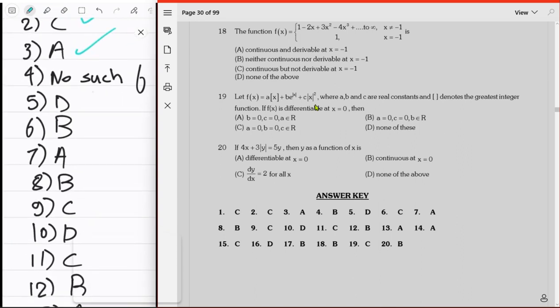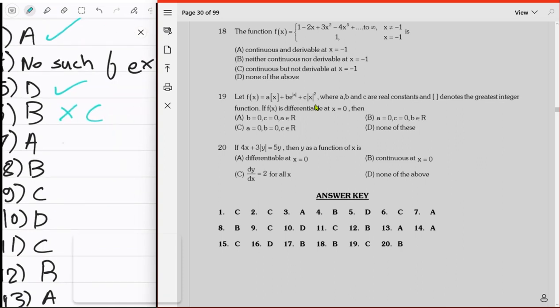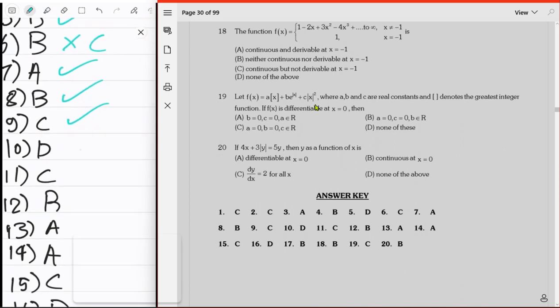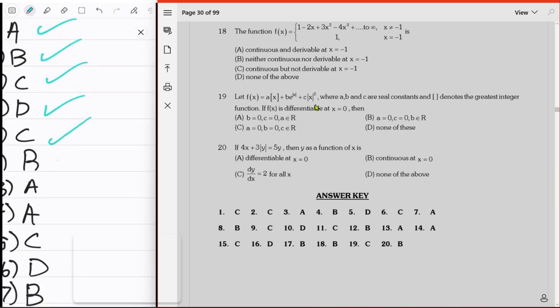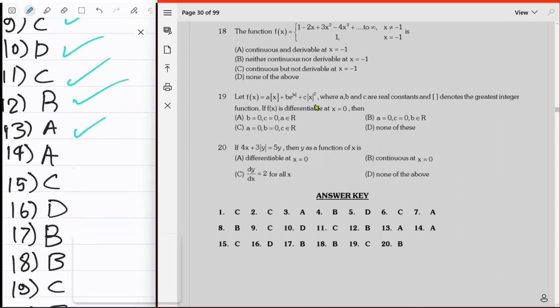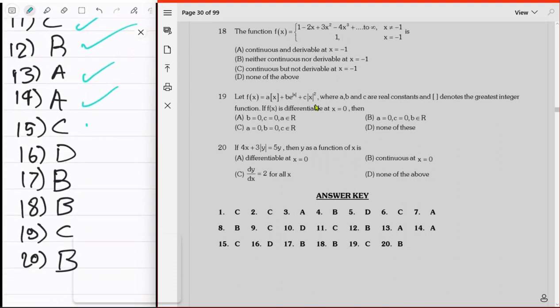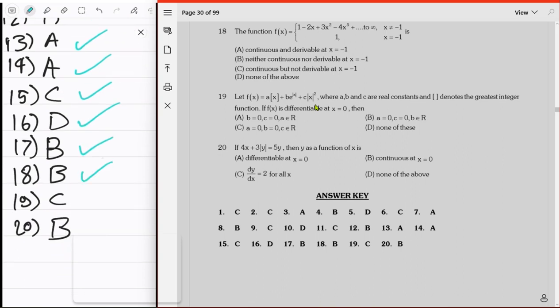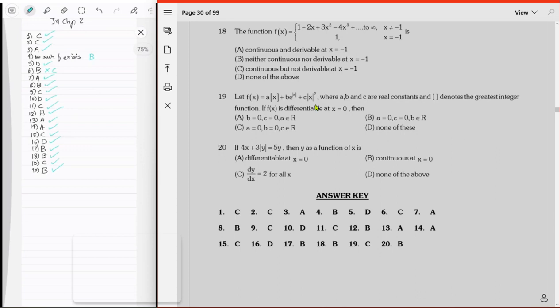Fifth D, sixth C. Okay, seventh A, eighth B, ninth C, 10th D, 11th C. This thing is B, then A, then A once again, then C, then D, then B, then B, and then C, and then B.